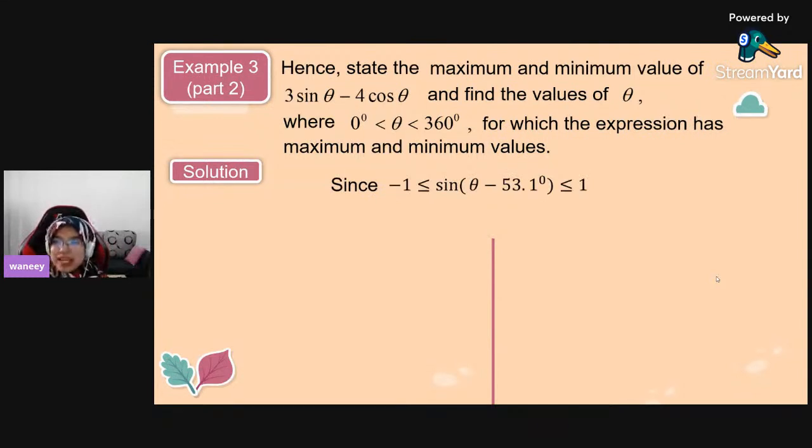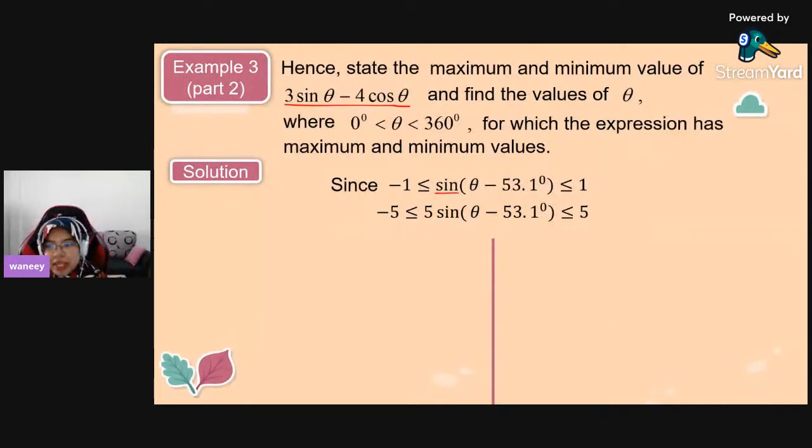We know that sine theta is between -1 and 1, and previously we have changed 3 sine theta minus 4 cos theta into 5 sine (theta minus 53.1 degrees). Therefore, we can say that sine (theta minus 53.1) is between -1 and 1.